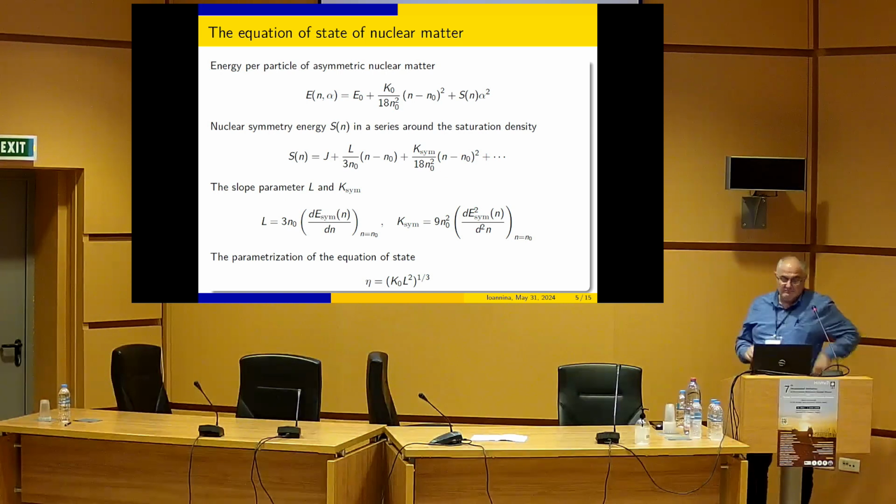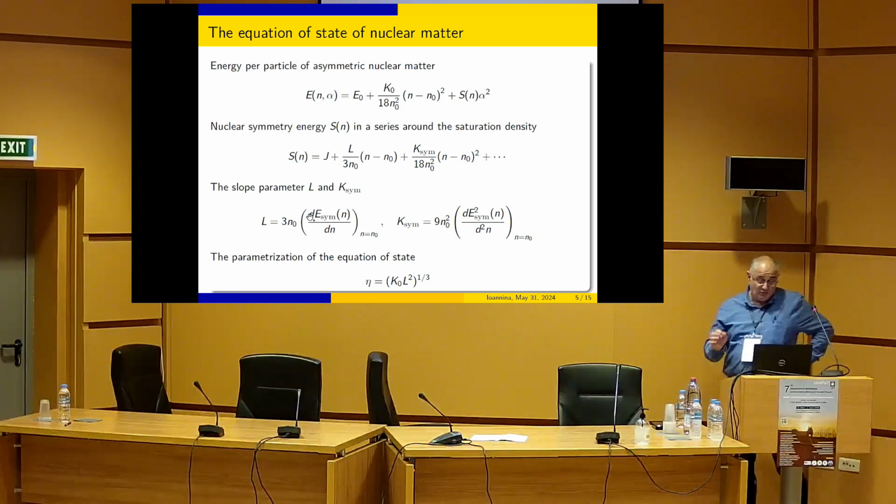Now a few simple words about the equation of state of asymmetric nuclear matter. We can expand the energy per particle around the saturation density. Here is the incompressibility of symmetric nuclear matter, and here is the symmetry energy. We also expand the symmetry energy around the saturation density. These are the basic coefficients of these expansions.